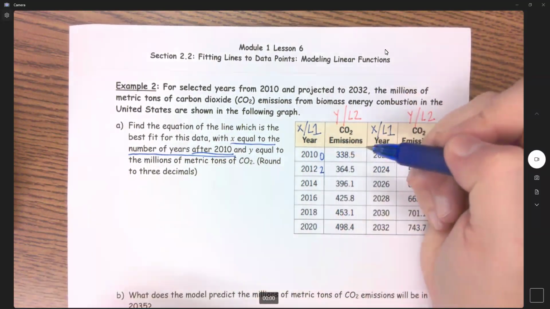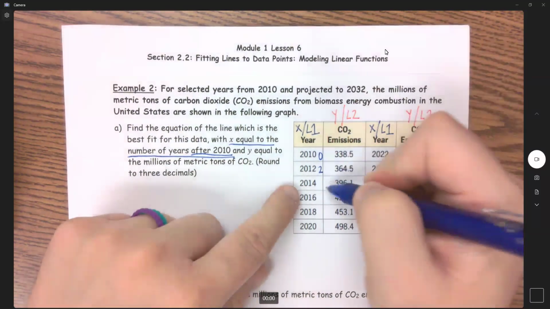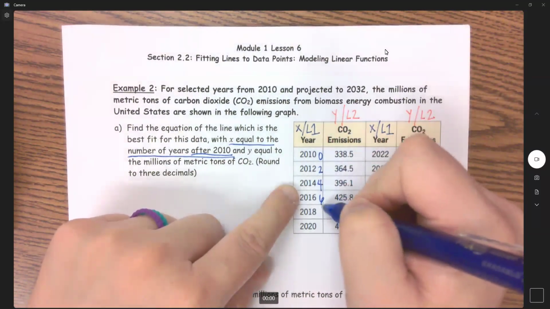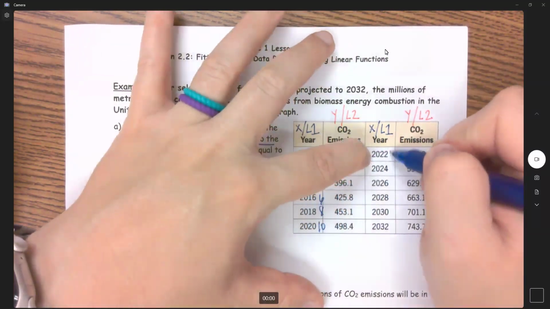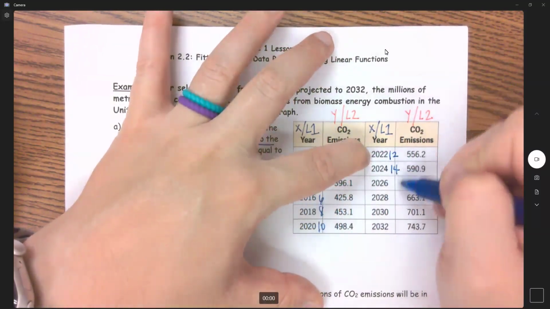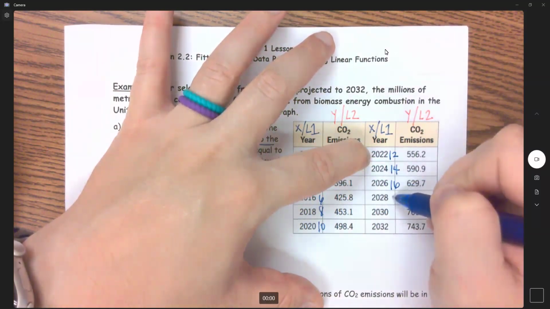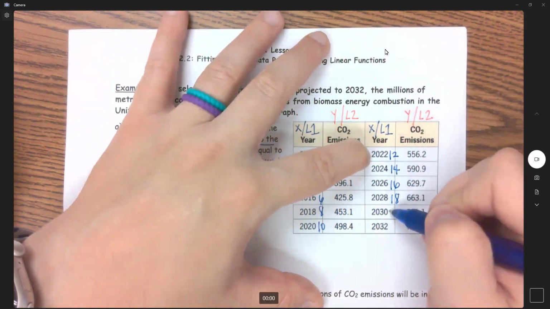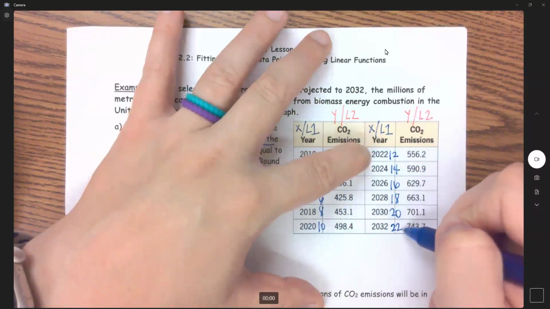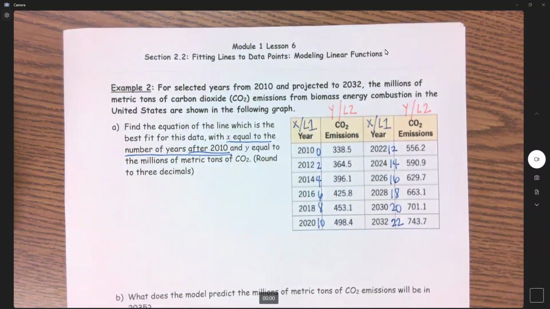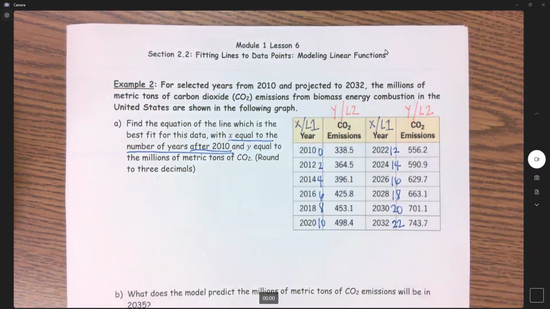You can just subtract, and then this is going up by 2, so this is going to be 4, 6, 8, 10. Still going up by 2s, 12, 14, 16, 18, 20, and 22.